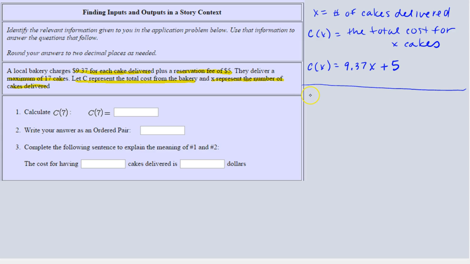So calculate C of 7. That's the total cost for 7 cakes. So I'm going to replace X with 7 and evaluate.